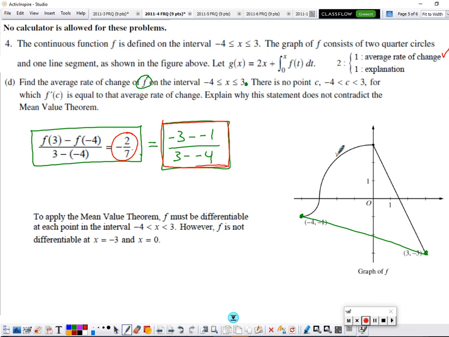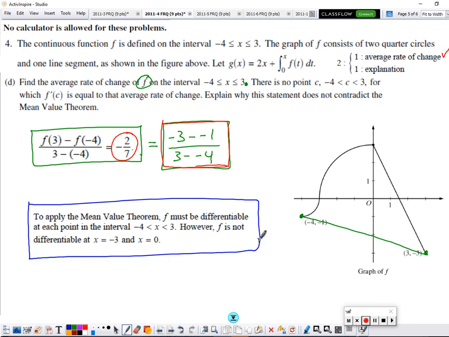The mean value theorem says that from here to here, we would expect to find one tangent with the same slope as the secant. But it's only true if the function f is both continuous and differentiable. F is continuous, but due to the vertical tangent in the corner, f is not differentiable. So you get an extra point if you can remember the mean value theorem and write something very much like that.